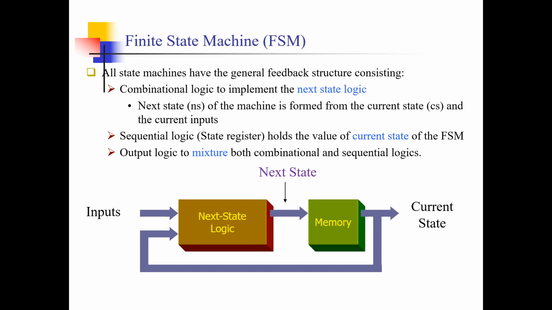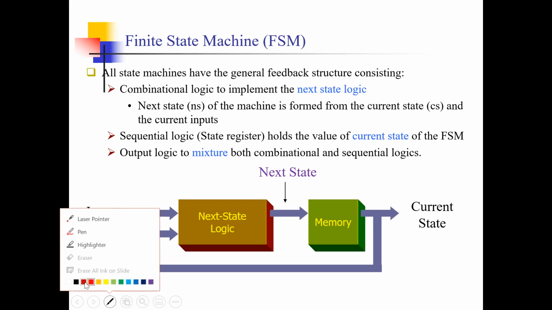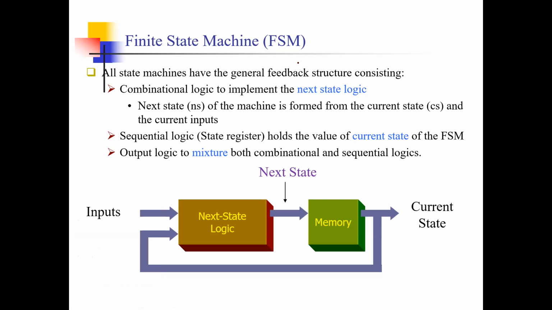If you see this picture, this is the input and this is the current state or output. Two things are there: this is the next state logic, and this is the memory logic.